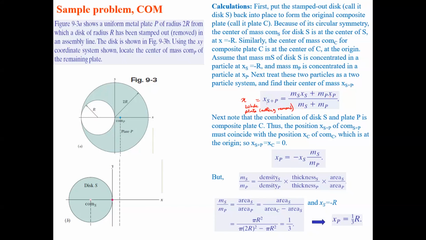And I will rearrange for what? For the position of the plate with something removed out of it. Makes sense?